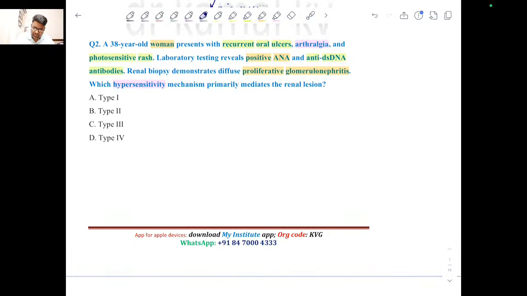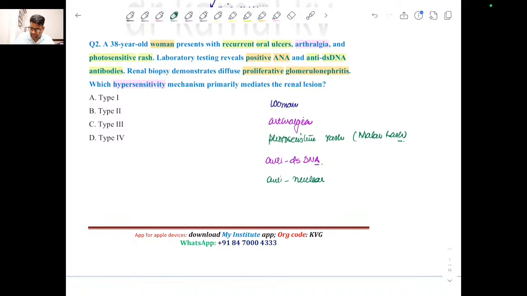So if we go with the keywords, a lady with arthralgia, then photosensitive rash, what you call malar rash or butterfly rash, then anti-double-stranded DNA is very important here, and also anti-nuclear antibodies.